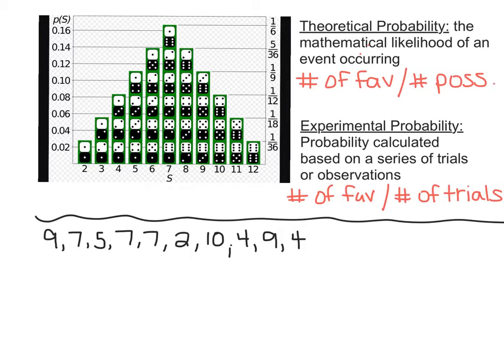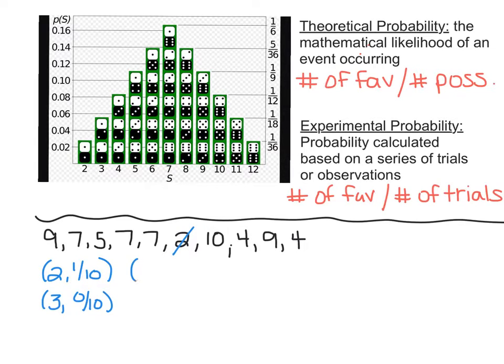Okay, so for example, my probability distribution might look something like this. Starting with 2, because that's the lowest possible one I could have. My probability for that would be 1 out of 10, because I got 1 out of my 10 trials. Next would be 3, and since I got none of those, that would be 0 out of 10.